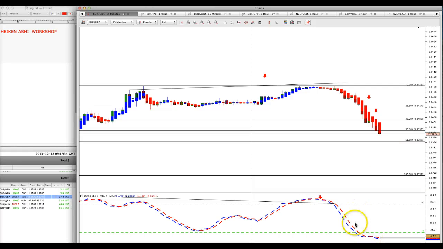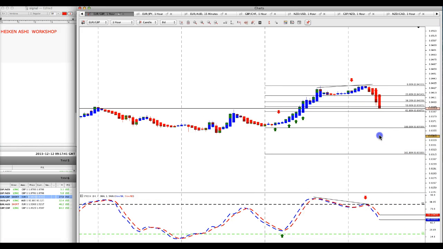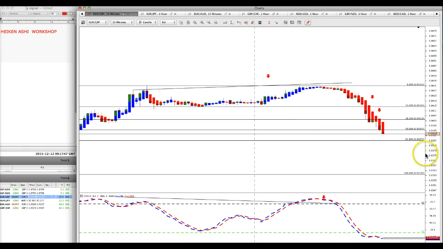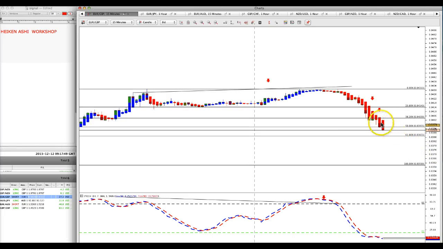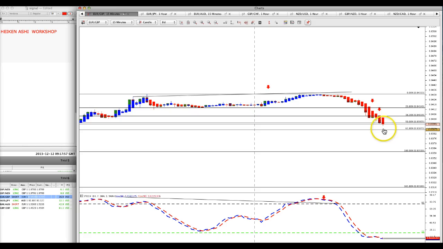Stochastics is oversold on the 15-minute chart, but that doesn't really mean much unless stochastics on the 1-hour chart is oversold. So I'll monitor this trade closely on the 15-minute chart. It has broken the 23.38 50% retracement level, getting very close to the 61% retracement level, and I will wait and see if the market stalls out at these levels, and I would exit that trade.